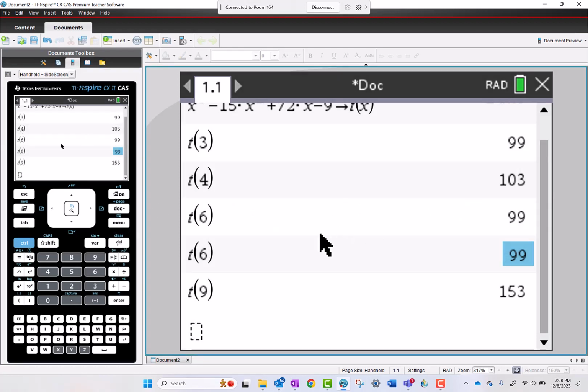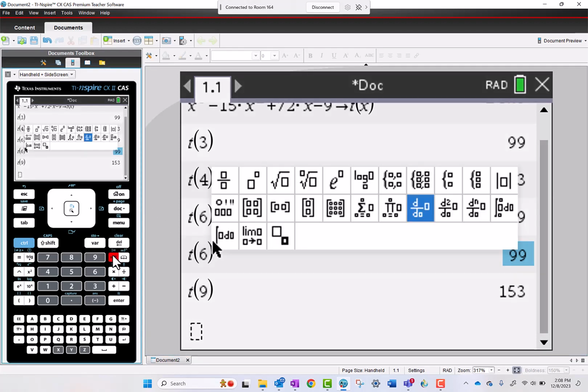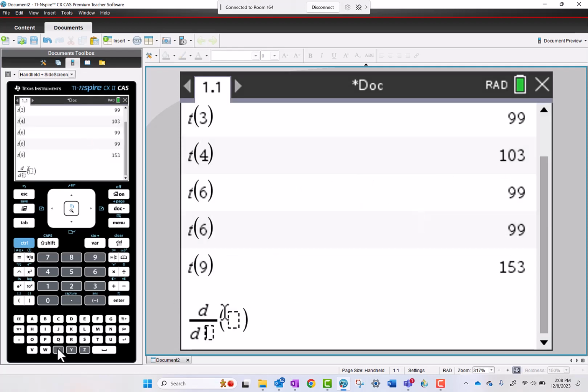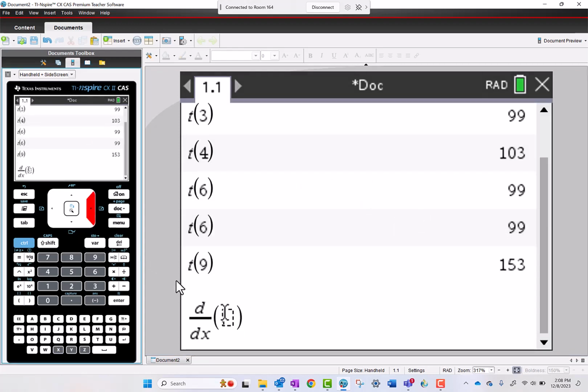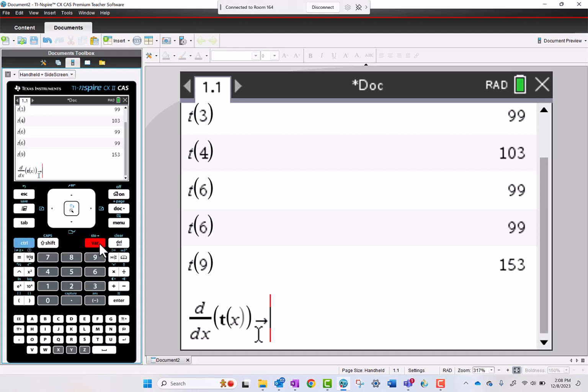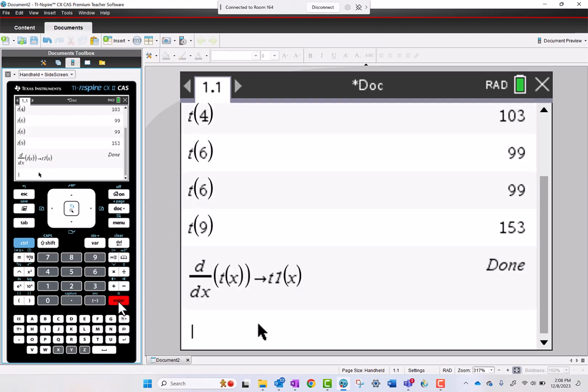So the derivative of, we wanted t of x. Since I need a bunch of values, I'm going to store it. So control store, we'll call it t1 of x.